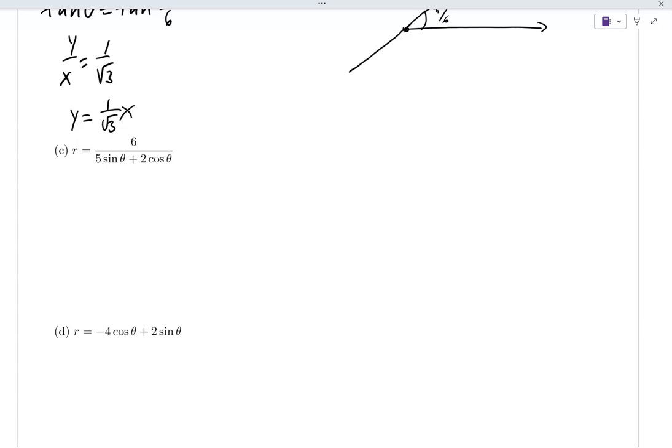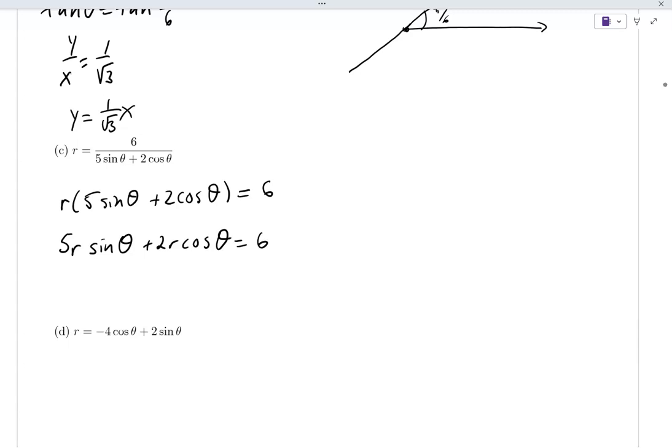So what might make more sense for this particular problem is just to clear the fraction. Multiply both sides by the denominator, and then distribute your r through. So you end up with 5r sine theta plus 2r cosine theta equals 6.